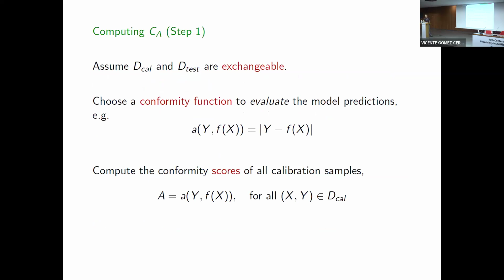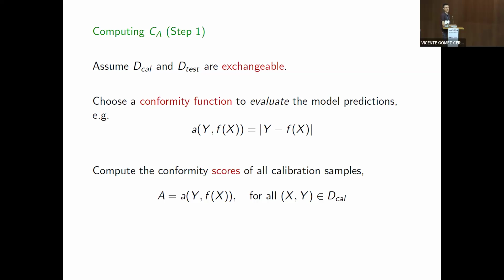Let's see how we compute the prediction set. Okay, this is the minimal assumption we need. If the data are IID, this is satisfied, so they are also exchangeable. I don't prove it because that was proven also during the tutorial. And what we need, we pick a conformity function. As here we focus on regression, we use this.